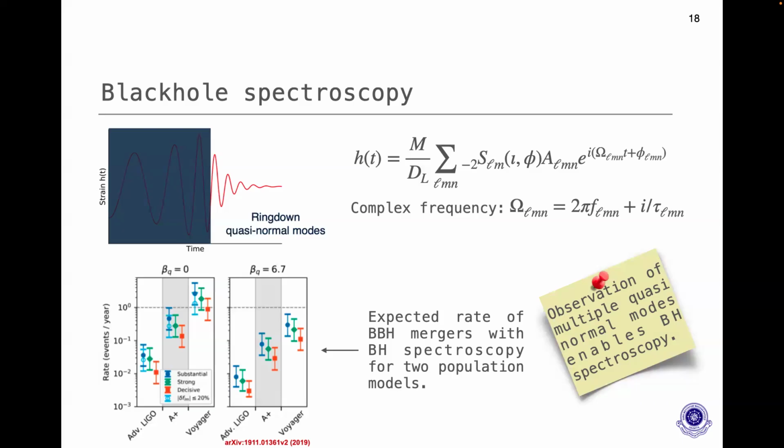So in 2005, I think there was a paper by Emanuele Berti, Vitor Cardoso, and their collaborators. They predicted that black hole spectroscopy will only be possible with LISA detection. But with a more improved population model in 2019, Cabero et al. predicted that we at least need LIGO Voyager-like sensitivity to detect one event per year where there will be more than one quasi-normal mode present.